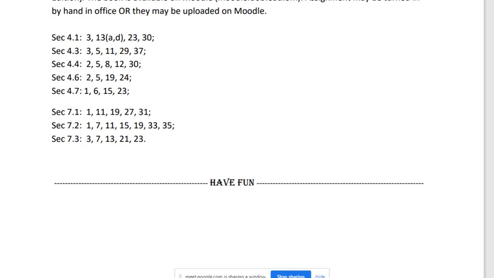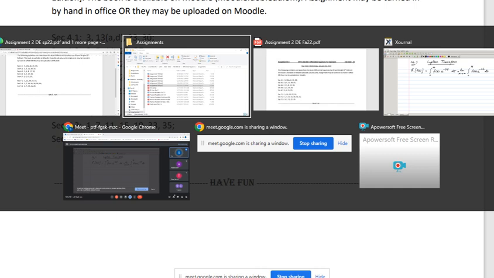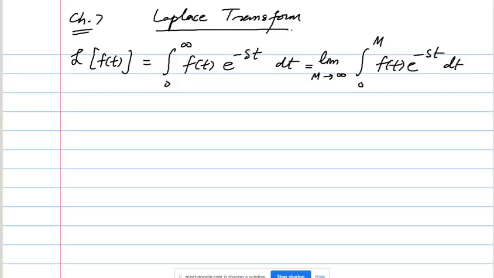Let's say I pick problem number 1 or 11. If I give you problem number 1, then you do not have tables for that. So let's say 7.1 number 1. They said this is your function: f(t) equals minus 1 when t is between 0 and 1, and it is 1 when t is greater than 1.